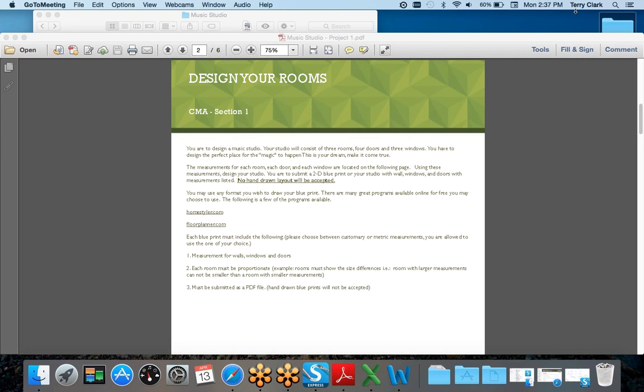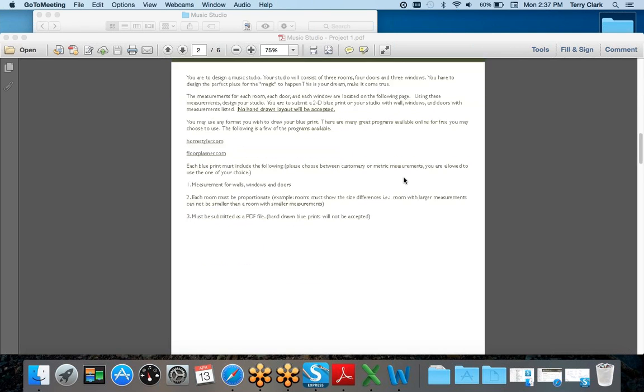You are to submit a 2D blueprint. You may use any format you wish to draw your blueprint. There are many great programs available. Each blueprint must include the following: measurements for the walls. Each room must be proportioned, and it must be submitted in PDF format.